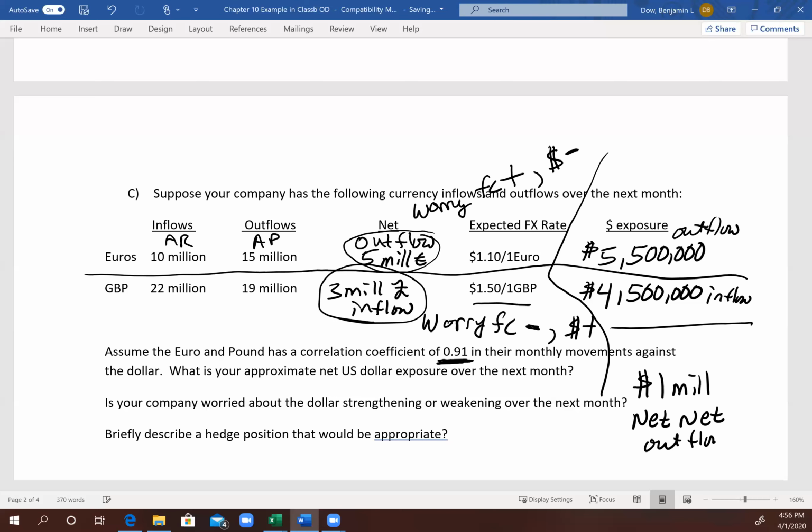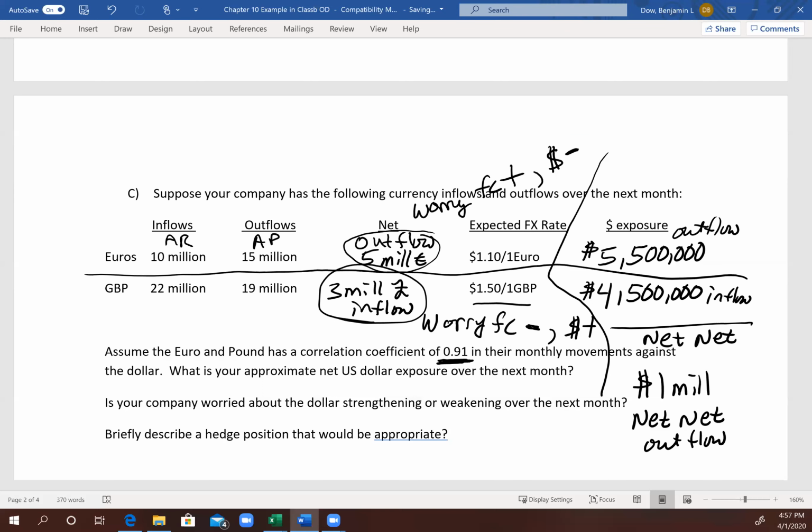We wouldn't have $10 million worth of worry. We'd only have about $1 million worth of worry on a net basis. Okay. 5.5 million outflow, 4.5 million inflow. Net would be about $1 million outflow.